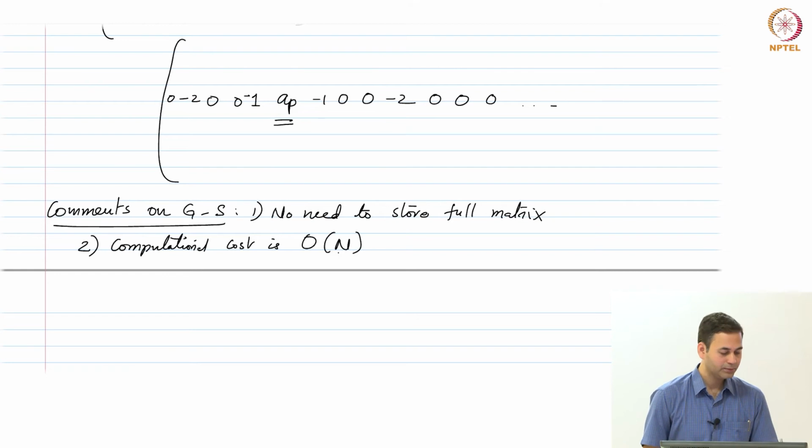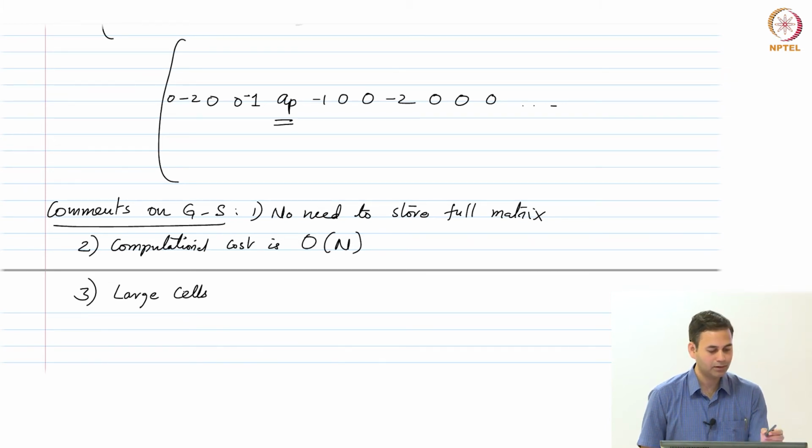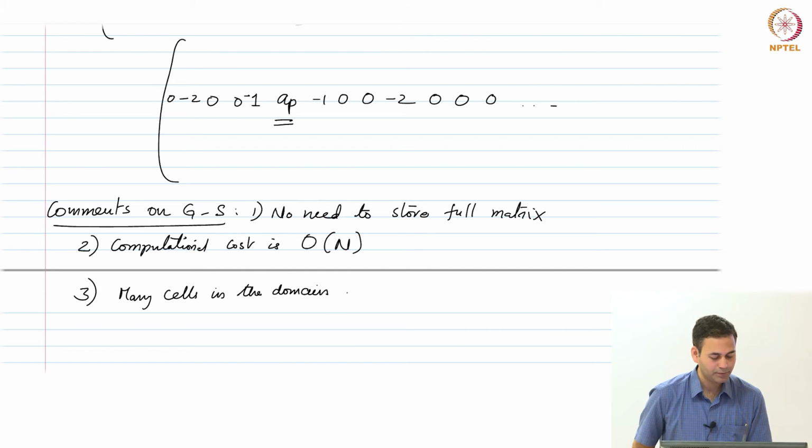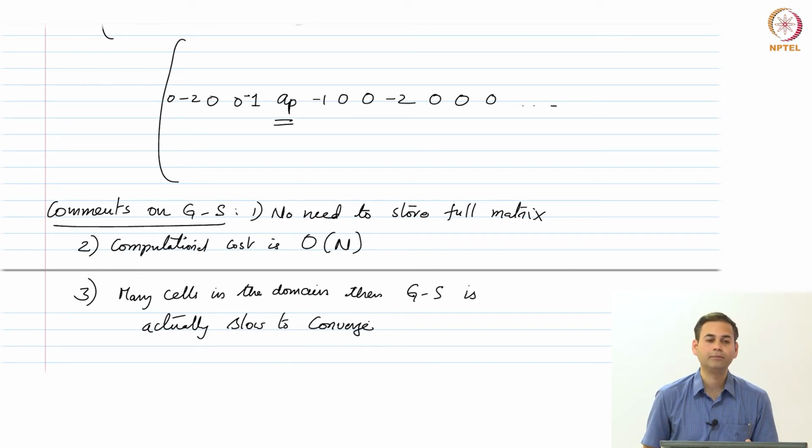But if we have many cells in the domain, then Gauss-Seidel is kind of slow to converge.